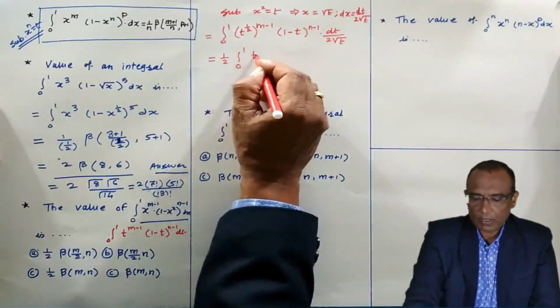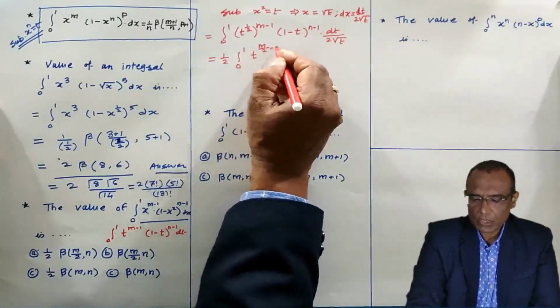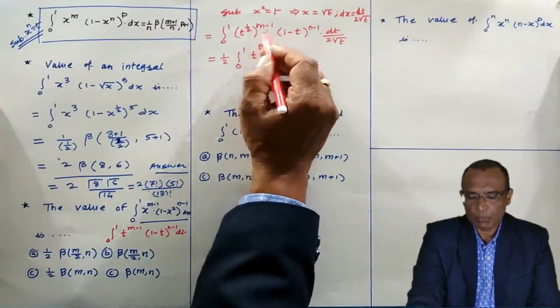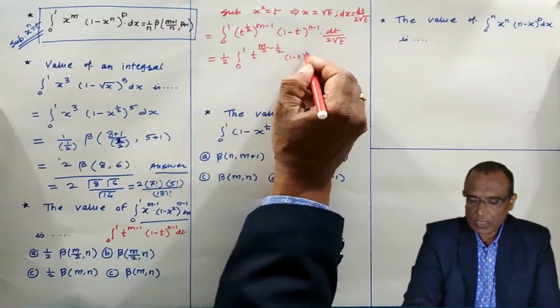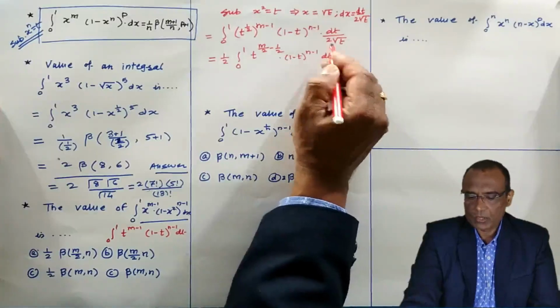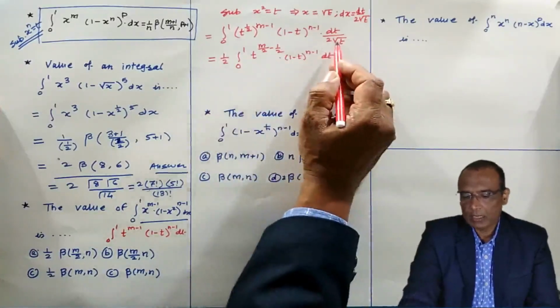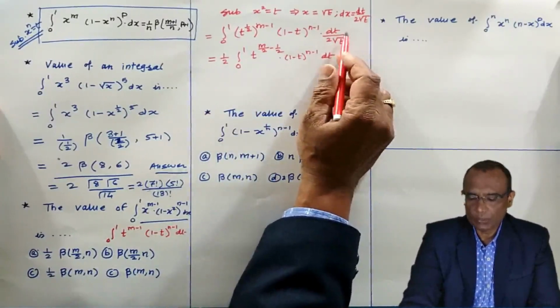T power m by 2 minus 1 by 2, multiplied by m minus 1 by 2, and 1 minus t power n minus 1 as it is, dt as it is. Root t in the denominator can be written as t raised to the power minus 1 by 2 in the numerator.